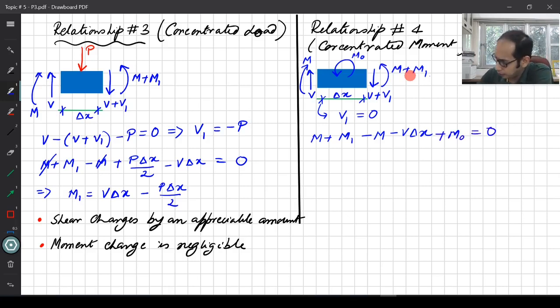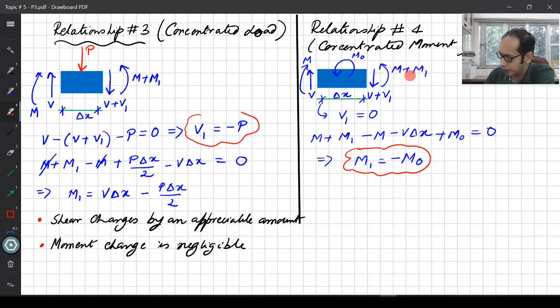So that tells you that M1 is equal to minus M naught. So the change in moment is quite appreciable, similar to the previous case where the change in shear was quite appreciable.